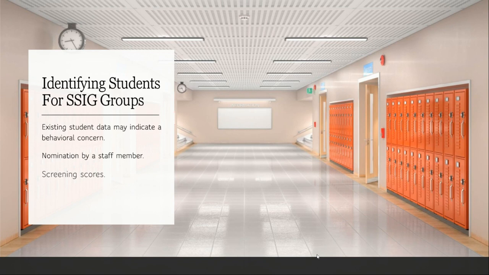They can identify students by a nomination by a staff member. So someone that works directly with the students may notice issues before any behavior data could be documented. They may be having some behaviors or issues that may not warrant that normal documentation.